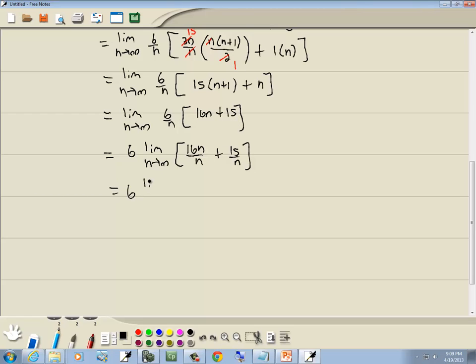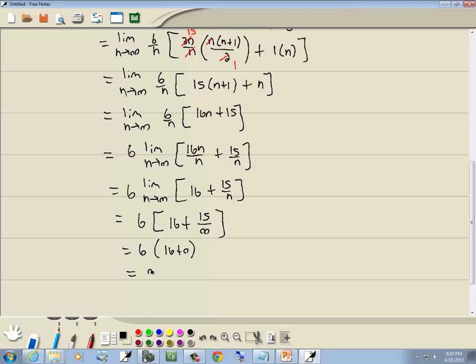Those n's cancel, and I got 16 plus 15 over n. And now we can plug in infinity for the n. You can at least think of it that way. We're actually studying the limit, but this would be 15 over infinity. And remember, if you have a number over infinity, that always goes to 0. So this becomes 6 times 16 plus 0, which gives us 96, assuming I didn't make a basic math error somewhere.